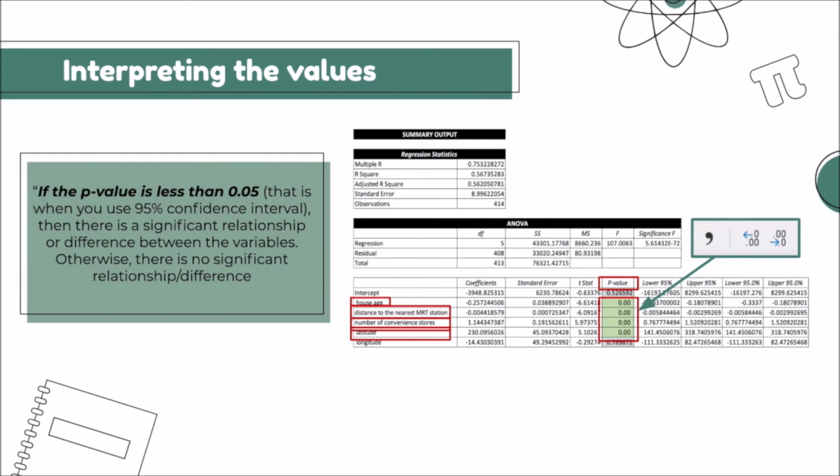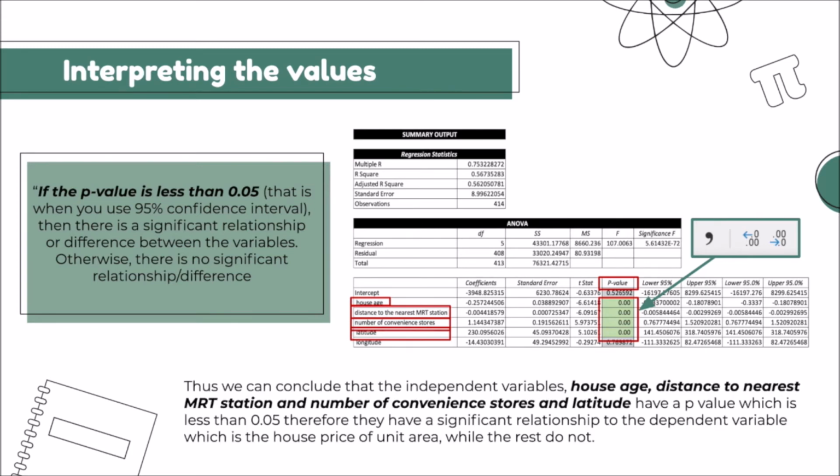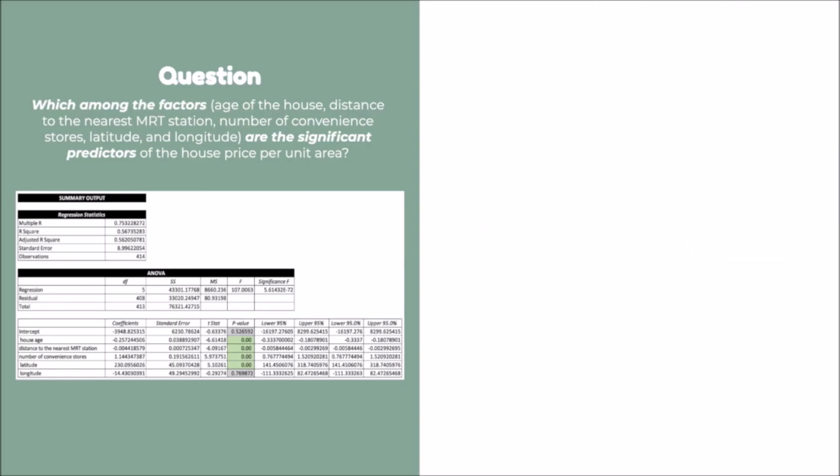Otherwise, there's no significant relationship, as said there in the rule of thumb. Thus, we can conclude that the independent variables house age, distance to the nearest MRT station, number of convenience stores, and latitude have a p-value which is less than 0.05. Therefore, they have a significant relationship to the dependent variable, which is the house price per unit area, while the rest do not.